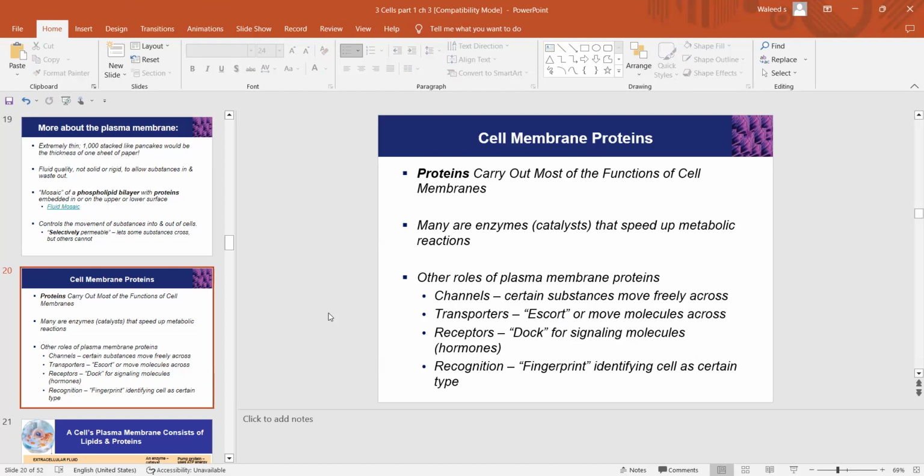Red blood cells have a protein that recognizes them. When I see it, I read it, I know this is red blood cells. Liver cells have their own recognition protein. Muscle cells and skin cells, every type of cell in your body has a unique, fingerprint-like identifier or recognition protein.